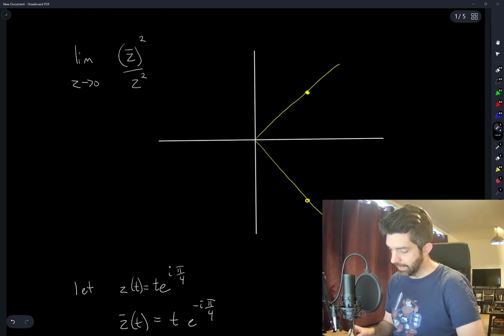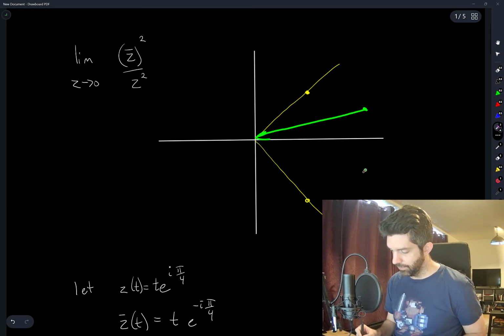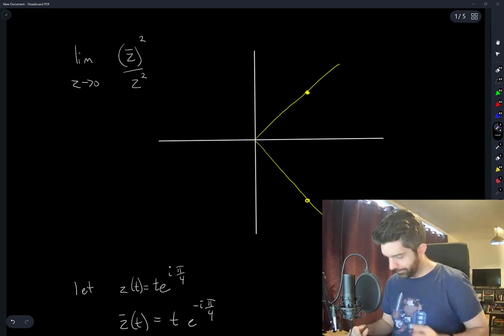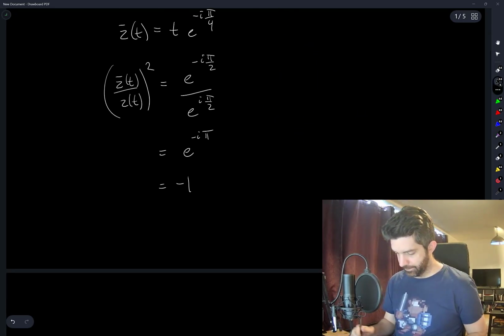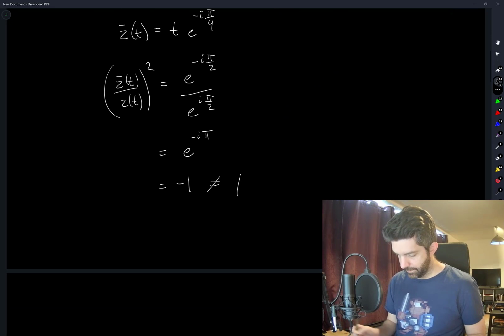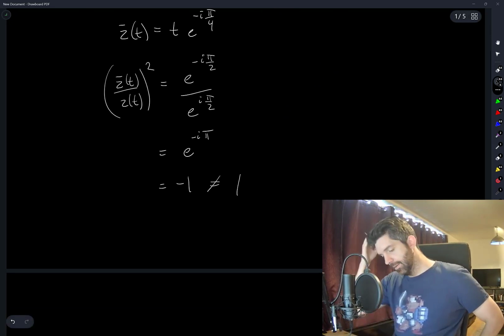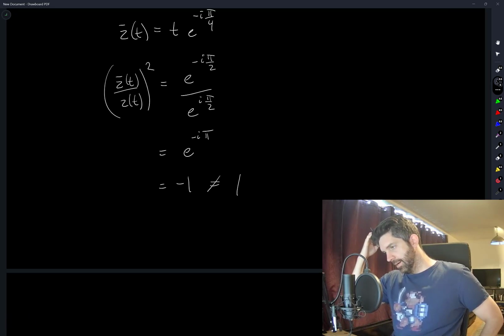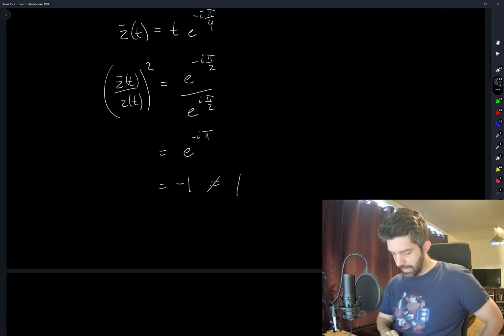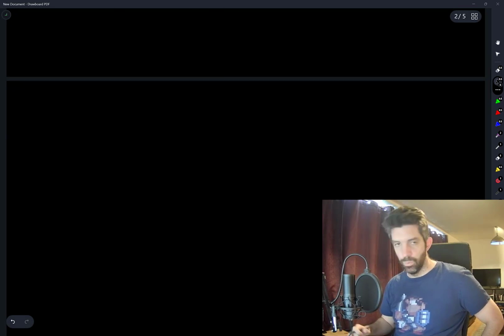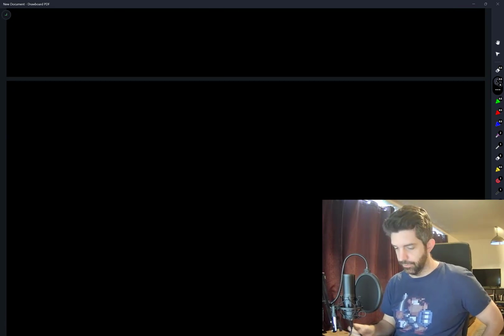And I suppose I could get a whole range of different values by approaching along different rays like this. I could probably get any complex number with magnitude 1 as the result of this limit.